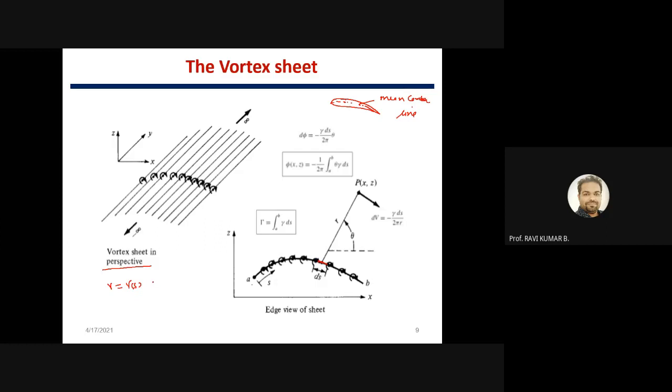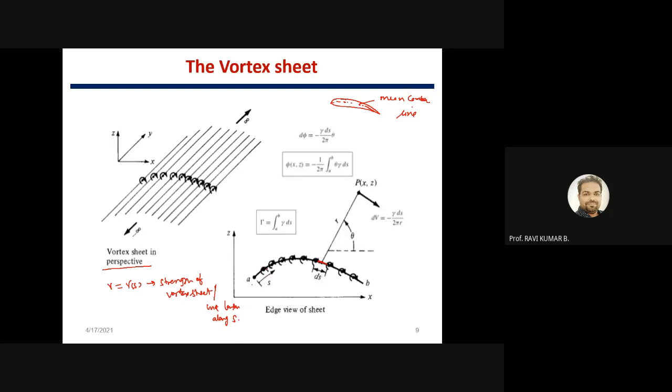This is basically the strength of the vortex sheet that you have replaced, per unit length along the s direction. You are going along here.